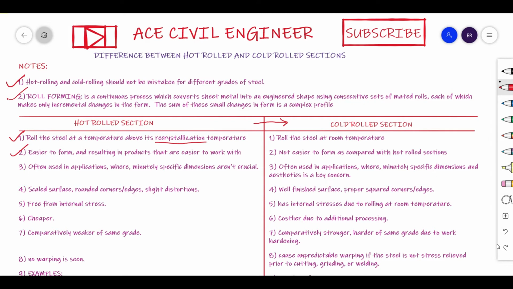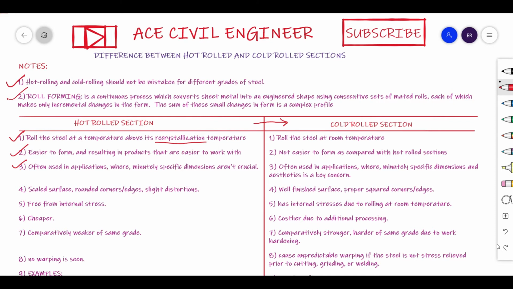And the third one is that these sections are often used in applications where minutely specific dimensions are not crucial, because the hot rolled section is left to cool down to room temperature.